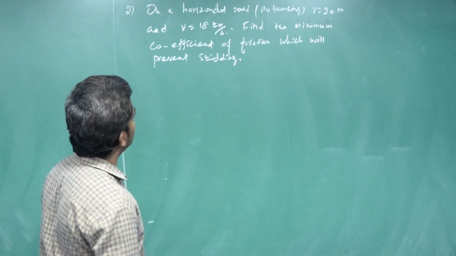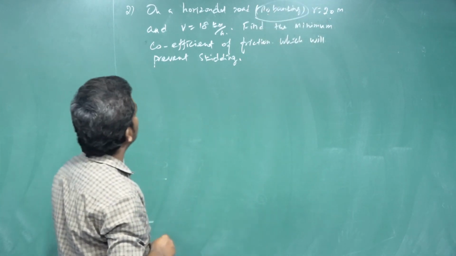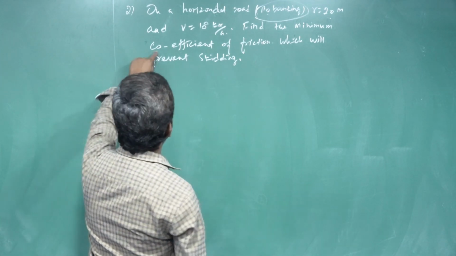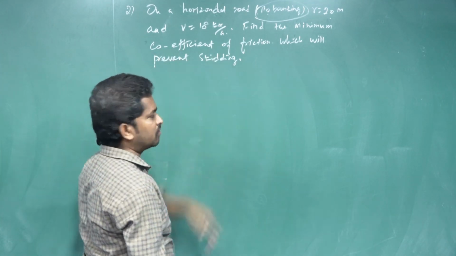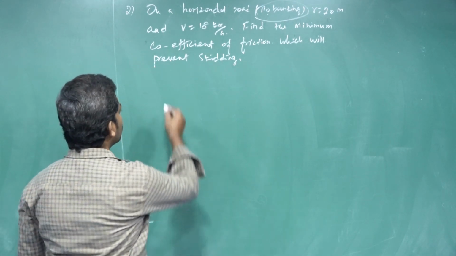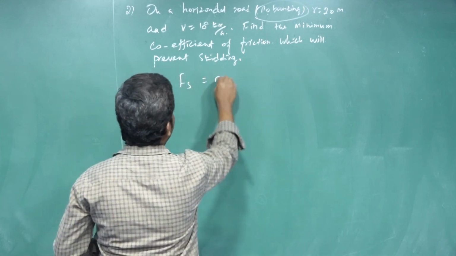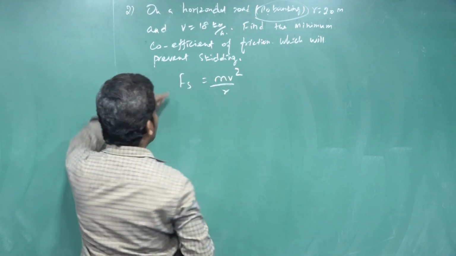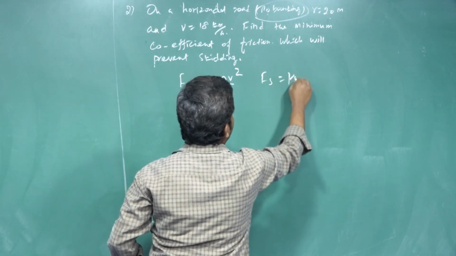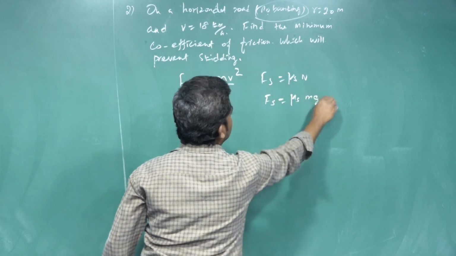Another example. On a horizontal road, there is no banking. R is equal to 20 meter and V is equal to 18 kilometer per hour. Find the minimum coefficient of friction, the mu s value, which will prevent skidding. We know the formula: Fs is equal to mv square divided by r, and Fs is equal to mu s N, where N is equal to mg.